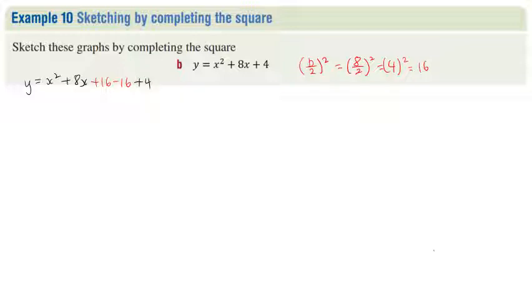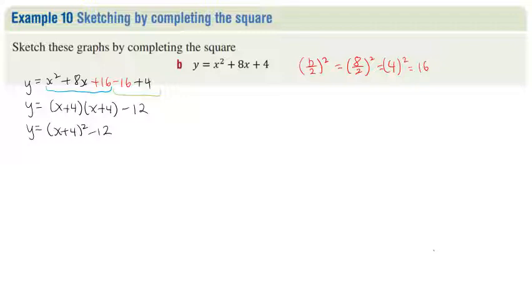Then I factorise this first part, so two numbers that multiply to 16 and add to 8, so (x plus 4). Then the n bit, I need to simplify, minus 16 plus 4, minus 12. And then I can rewrite that out, so (x plus 4) squared minus 12.